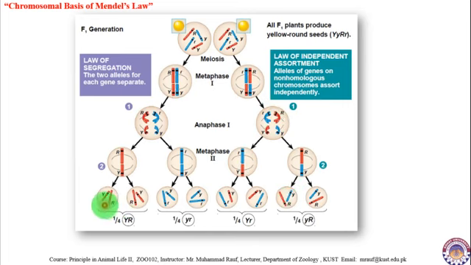Now you analyze the gametes: both alleles dominant, both recessive, heterozygous, heterozygous. So all kinds of allele combination is possible. This is in case of independent assortment.